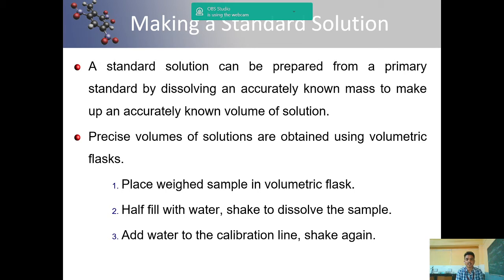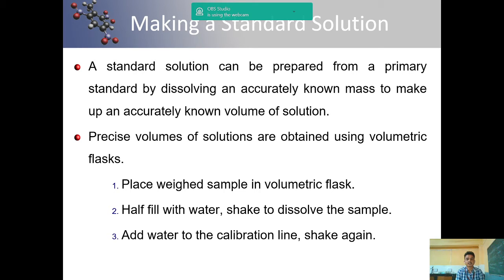As I have said, the primary standards requirements I have already covered in the last slide. So we have to make a standard solution from a primary standard substance by dissolving an accurately known mass to make up an accurately known volume of solution. This is the standard solution.